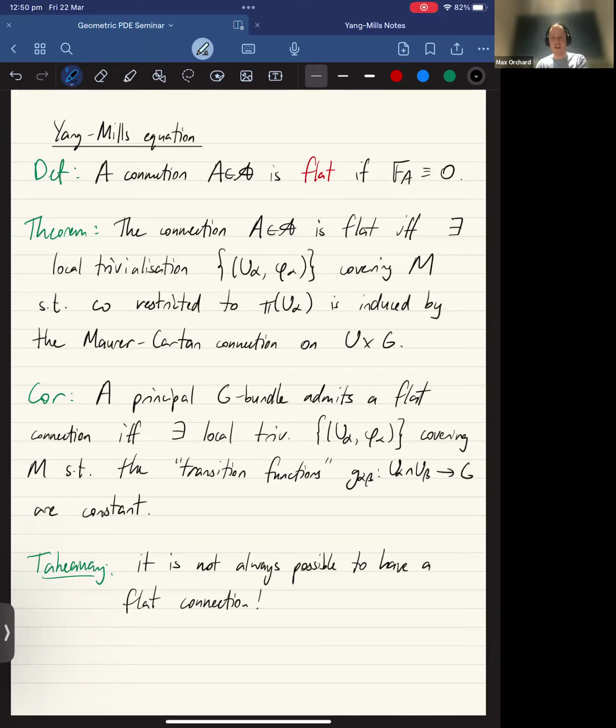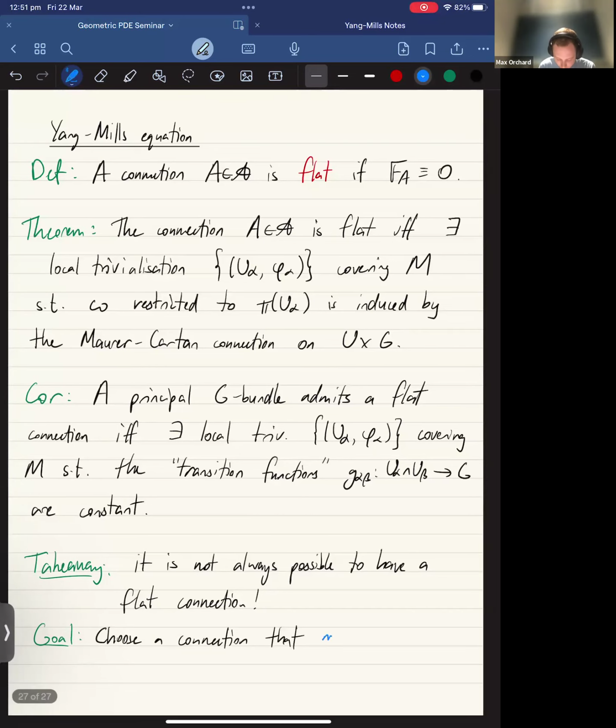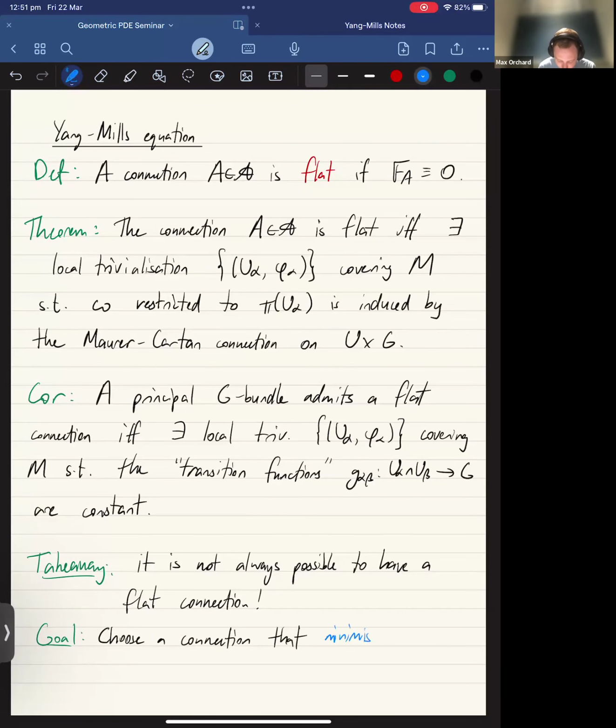So instead, what we're going to try and do is choose a connection that has, in some sense, minimal curvature. The goal now is to choose a connection that, in some sense, minimizes the curvature, because we can't get it to be zero all the time.